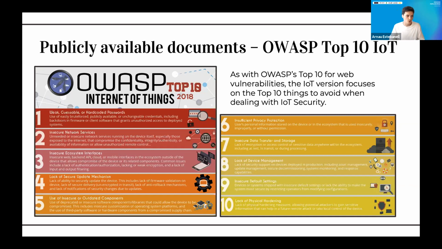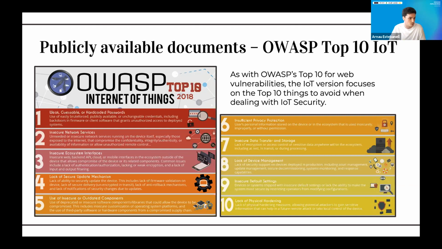So usually you have insecure network services because the IoT devices are not properly maintained. And what this means is having an SSH service that is outdated, an FTP server that can be accessed from the outside. Number 3 is insecure ecosystem interfaces. That means web pages, APIs, cloud or mobile applications which are poorly made and introduce new vulnerabilities to the IoT ecosystem.